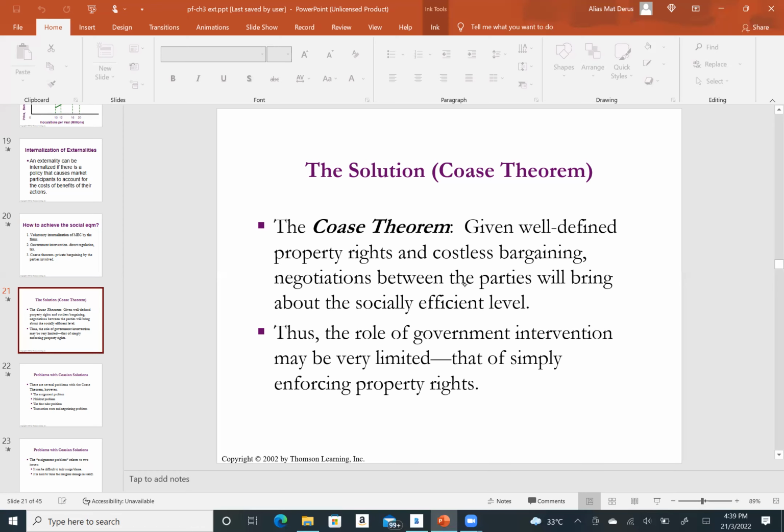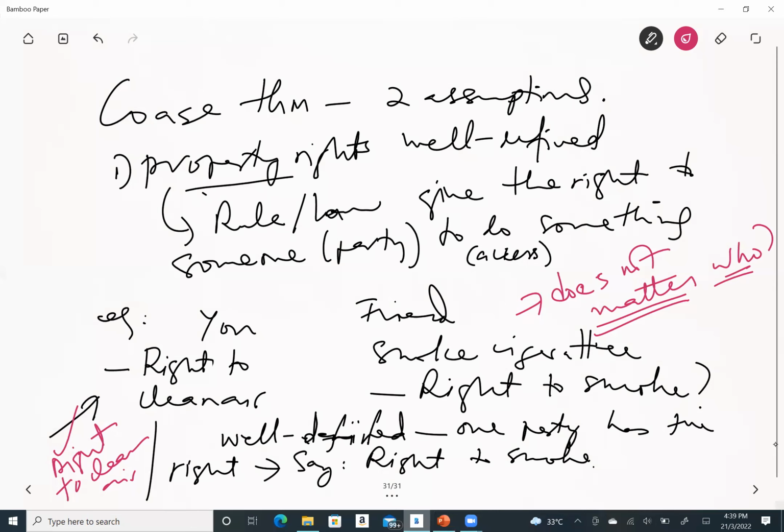Now next is that the bargaining between the affected parties is cheap. That means you and your friend can bargain. The bargain here doesn't mean that you are going to fight. You bargain nicely, no cost.